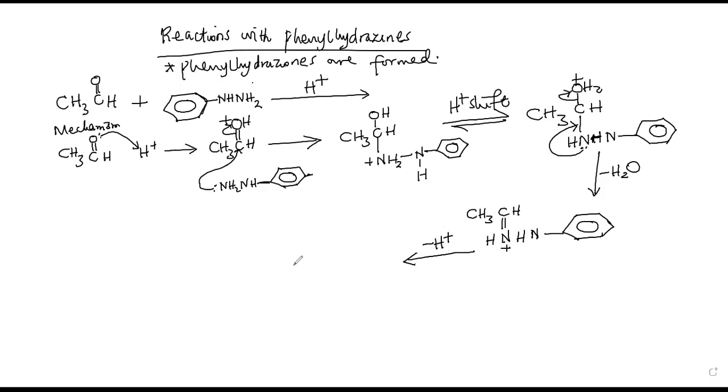And as you lose one hydrogen, you're going to form CH3, C with H. Then between C, there is a double bond going to nitrogen. Then another nitrogen, because I lost hydrogen. I lost this hydrogen, so I will have NH with a phenyl.